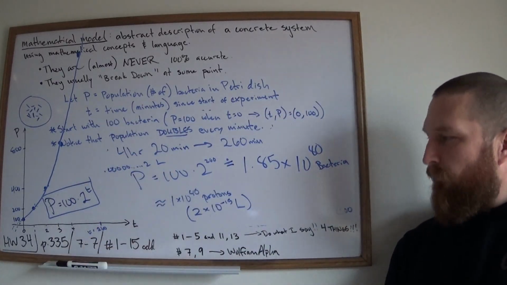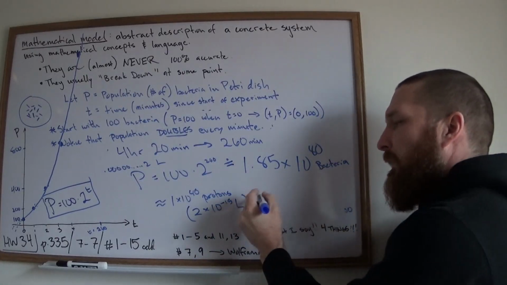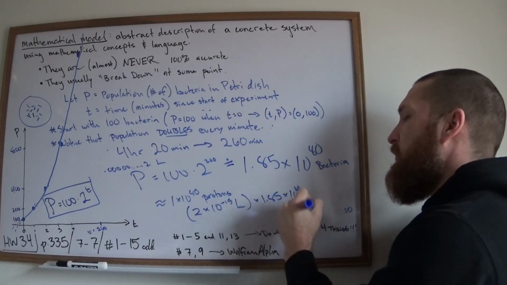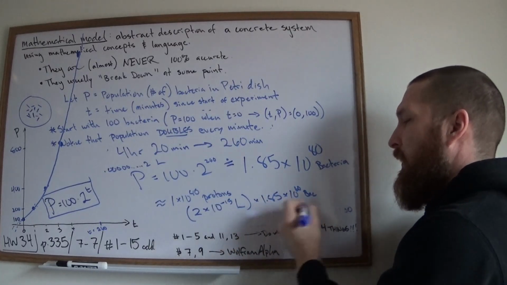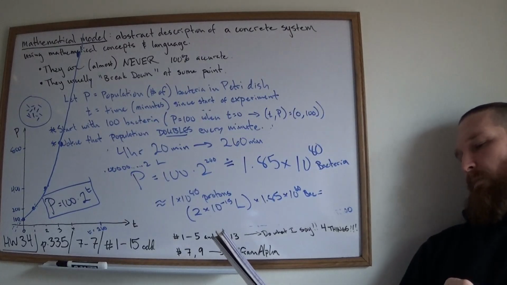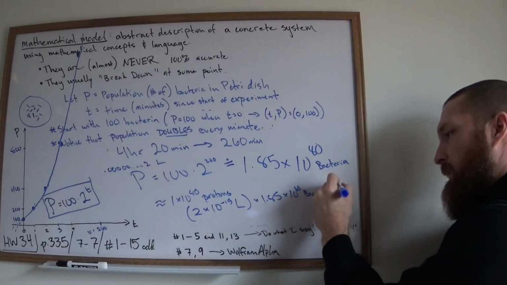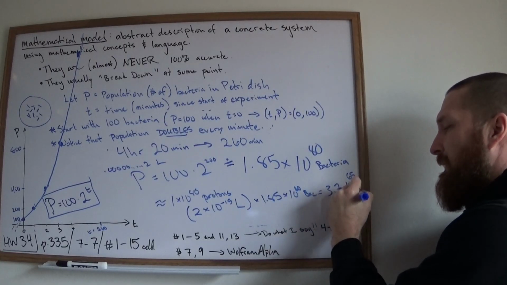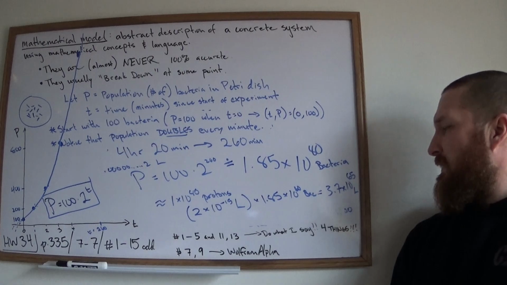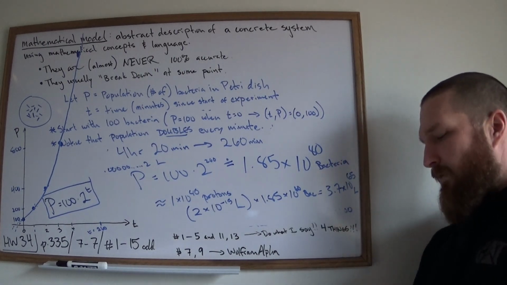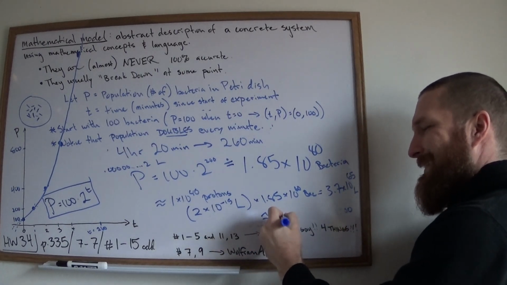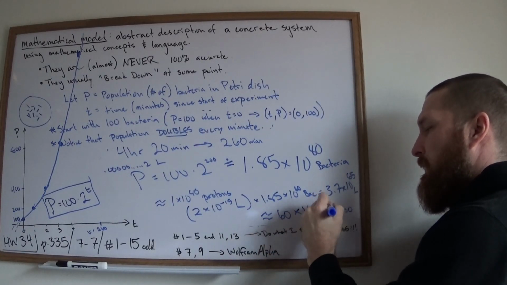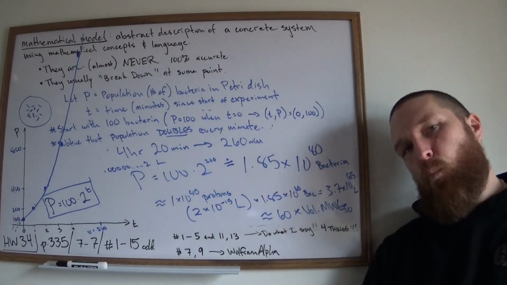Multiply that by 1.85 times 10 to the 80 bacteria. What would be the total volume of the bacteria? Well, that would be 3.7 times 10 to the 65 liters. 3.7 times 10 to the 65 liters is about 60 times the volume of the Milky Way galaxy.